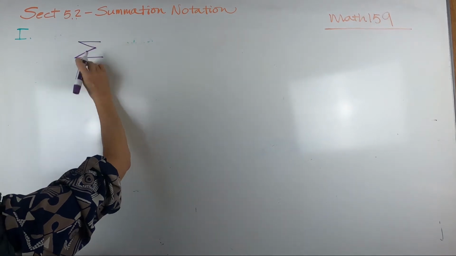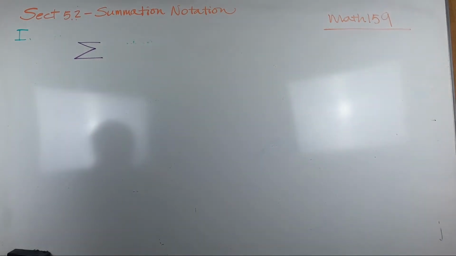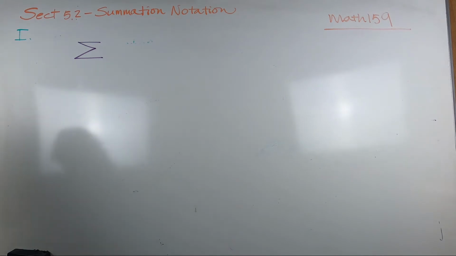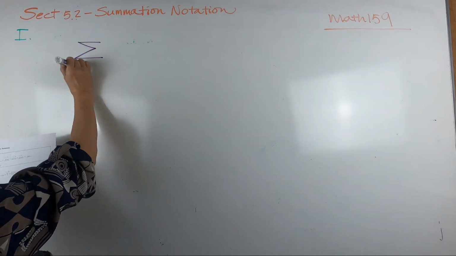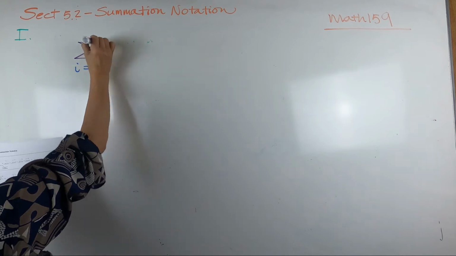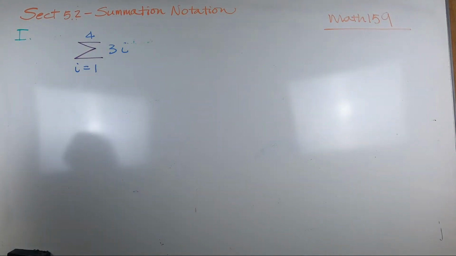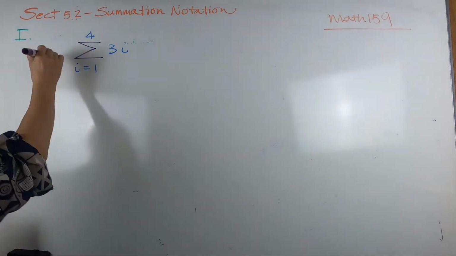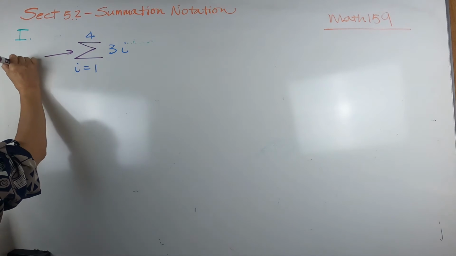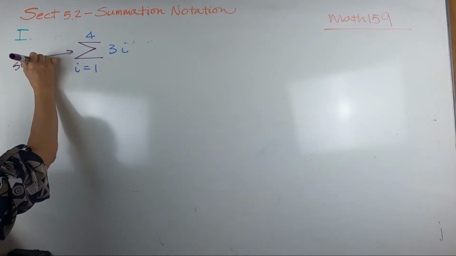It looks like this, sigma. Summation notation. If I write summation notation with i equals 1 to 4, 3i, what does it mean? This is what we call sigma. Summation means sum.